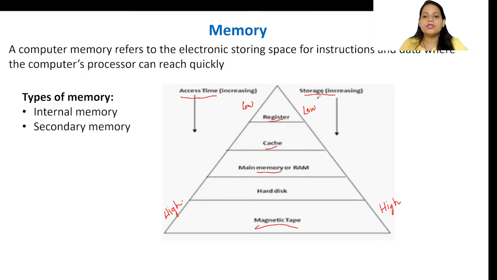Similarly, the storage is increasing: register has very small storage, then cache, then main memory, then hard disk and magnetic tape. Magnetic tape has more memory but takes more time to access, whereas the register has small memory but takes very little time to access. This is our main memory, and this is our secondary memory.